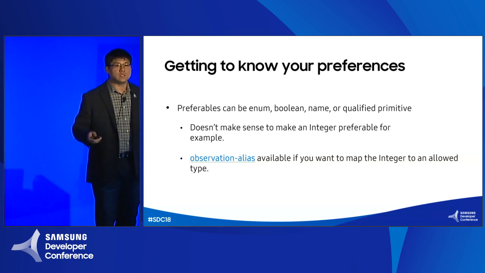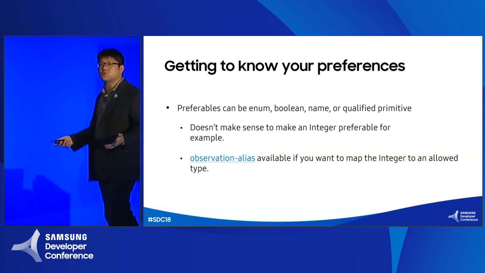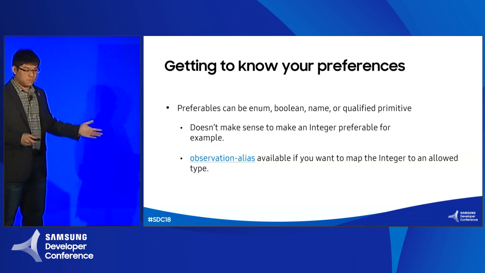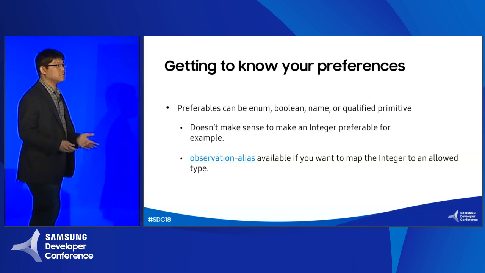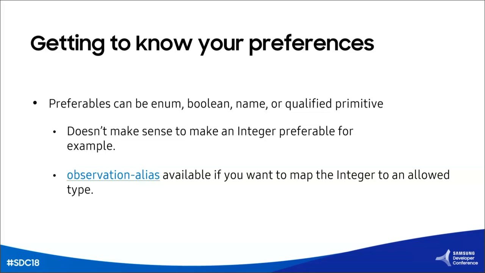So it doesn't make sense for Bixby or even a human to prefer a text description of something. If you need to prefer something, like an integer, for example, like a star rating for a hotel or a space resort, we offer a way to do that. More details are available in the docs. You can map any of these unallowed types into allowable types.